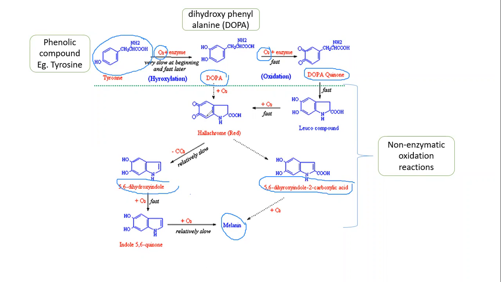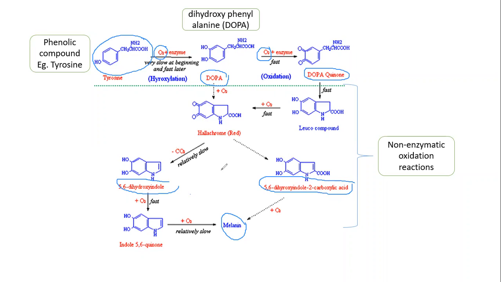This dopachrome, red in color, can further undergo reactions and be converted into 5,6-dihydroxyindole or 5,6-dihydroxyindole 2-carboxylic acid.